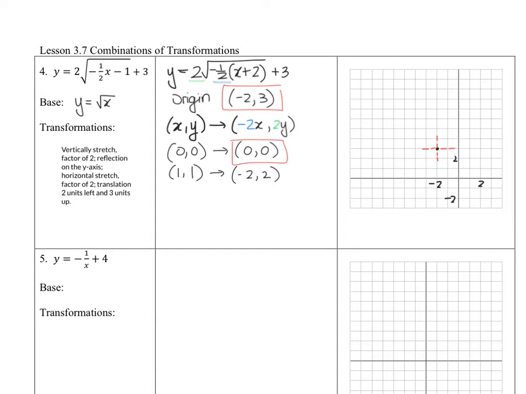So this -2, 2 doesn't mean that those are the new coordinates. We're not going to plot our point here at -2, 2. That doesn't make sense. What it actually means is from this new xy axis, as if this is the point 0, 0, we're going to go -2, so 2 units to the left, and then +2, 2 units up. So this is where we're going to plot our next point, right here.